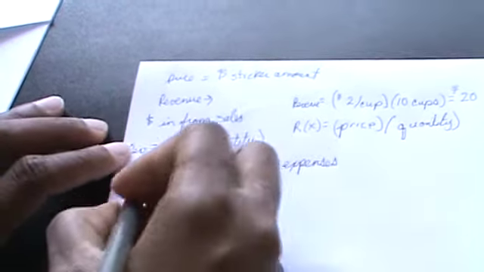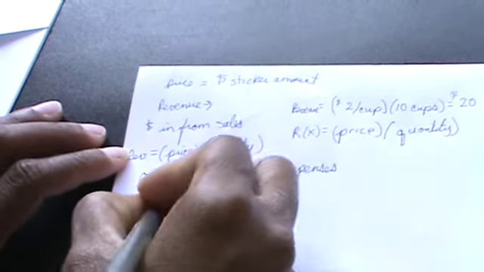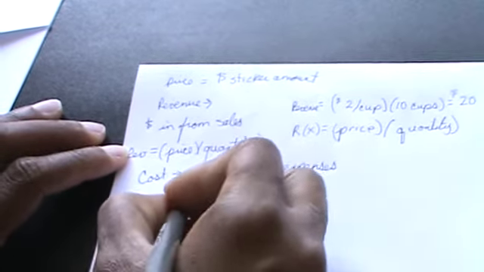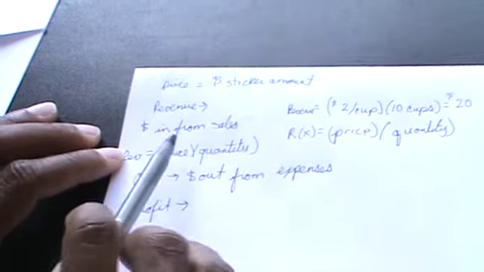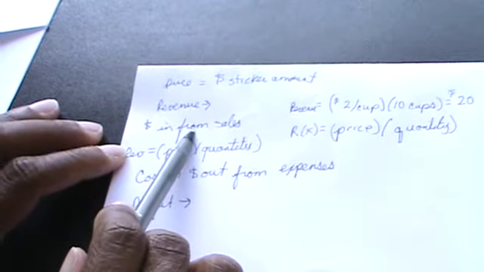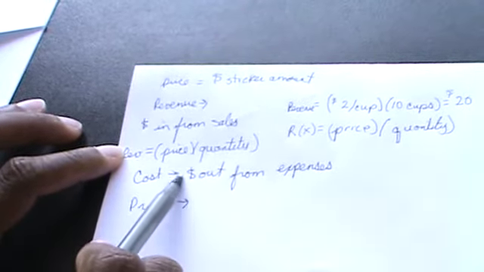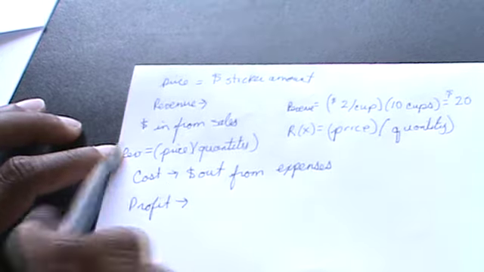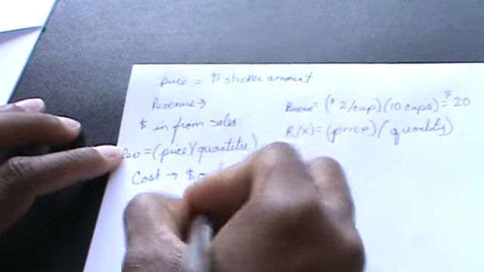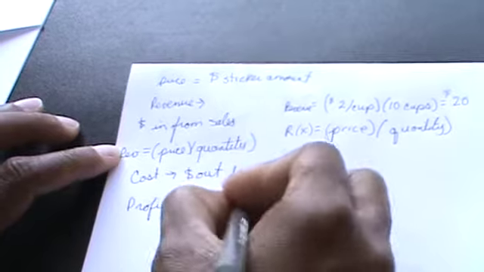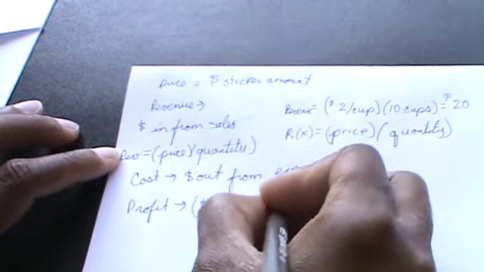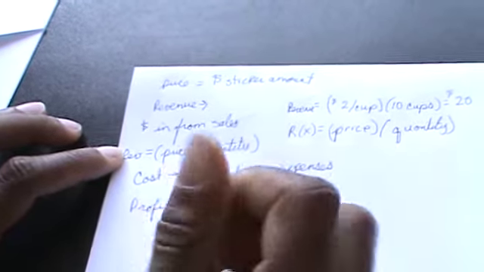The last thing that we need to worry about is the profit. And your profit takes into account that you brought money in, but it also cost you in order to manufacture your commodity. So this is money in minus the money out. Right?